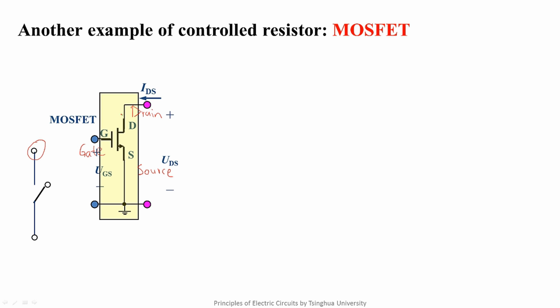In the figure, this is D, this is S, and this is G. But there is a difference between them: the state of the switch is controlled by force, down for closed and up for open. We will discover in the simulation later that the resistance between D and S is controlled by the voltage UGS.